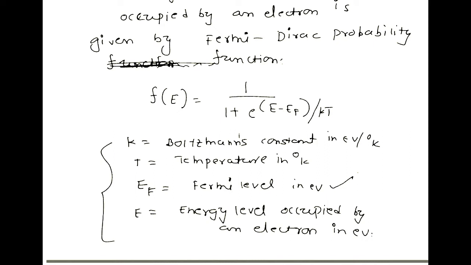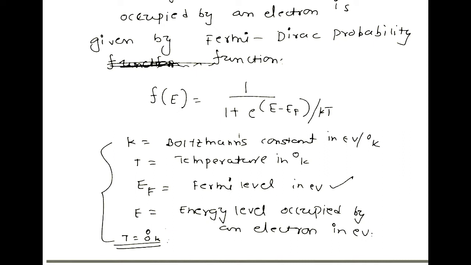In an intrinsic semiconductor, the probability of finding an electron in the conduction band is 0, and the probability of finding a hole in the valence band is 0 at absolute 0, that is T is equal to 0 degree Kelvin. We know that at absolute 0, an intrinsic semiconductor acts as an insulator. There is no conduction. Therefore, there is no electron in the conduction band.